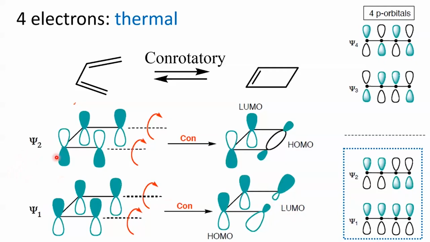However, if we look at the psi2 set of orbitals, we can see that if we rotate these 2 outermost orbitals, again, both in a clockwise fashion, that we're going to get overlap of 2 orbitals with matching phase. So these would undergo a bonding interaction. So summarizing these 2 together, we get a single bond forming here when the orbitals of these terminal carbons overlap.